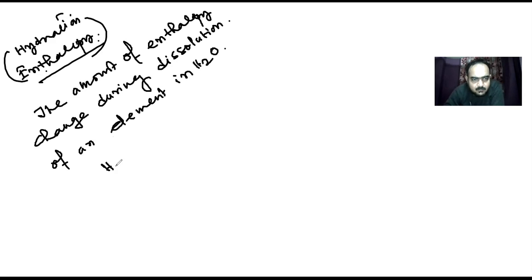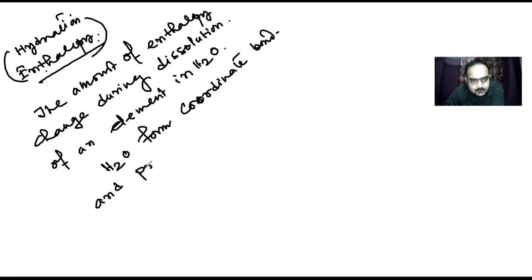What happens? Water forms coordinate bonds and produces a hydrated sphere.